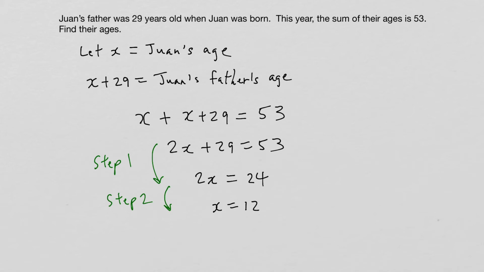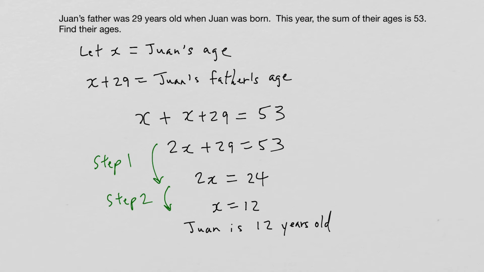Okay, so we know that Juan's age, we said x is Juan's age, so we can write that Juan is 12 years old, and Juan's father is 12 plus 29.